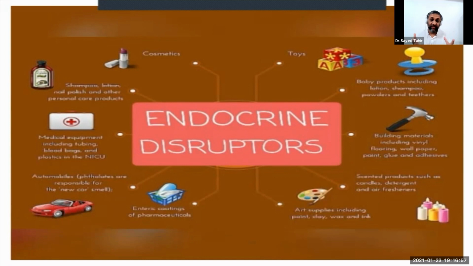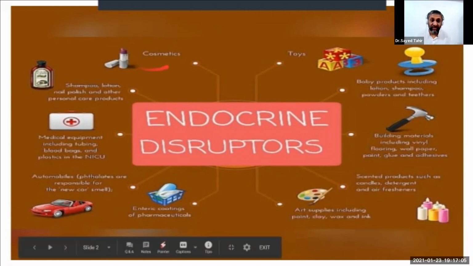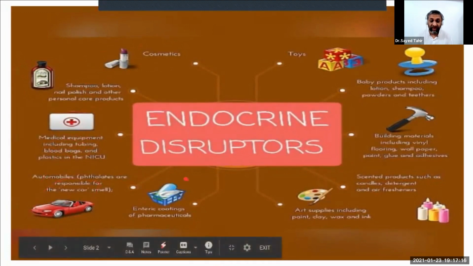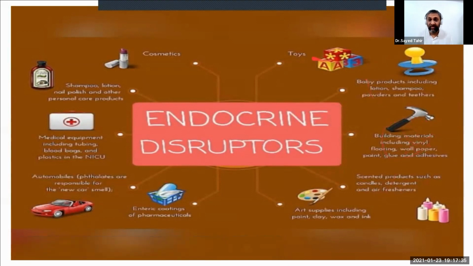Endocrine disrupting agents, or endocrine disruptors, are in every part of our life, be it cosmetics, shampoos, lotions, nail polish, medical equipment, even some medicines, automobiles, enteric coated capsules, art supplies, scented products, air fresheners, scented candles, building materials, baby products, baby toys.